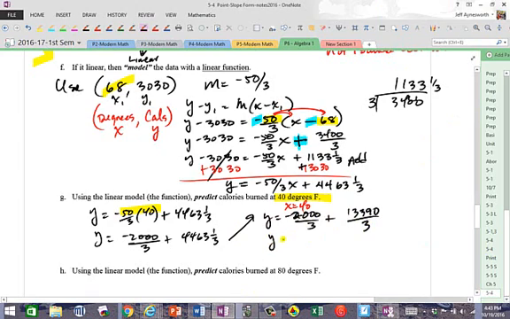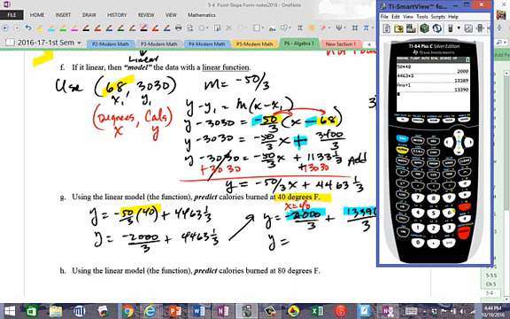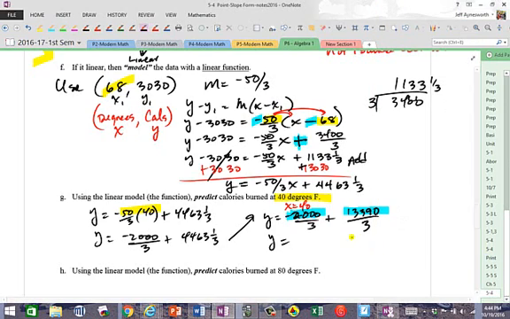So let's subtract the numerators. One's negative, one's positive, so you subtract them. So minus 2,000. That should be easy, that's 11,390 divided by 3.